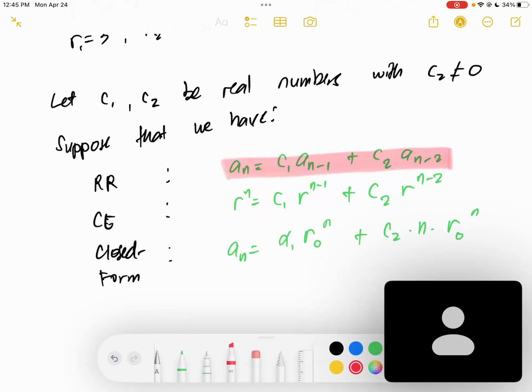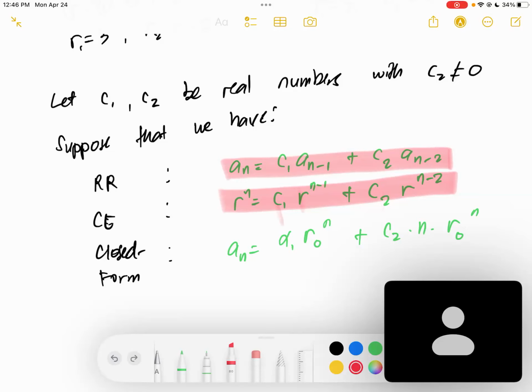Its characteristic equation is of the form a sub n equals r raised to n. We simply substitute r to the n for every a. So we have r to the n equals c sub 1 times r raised to n minus 1 plus c sub 2 times r raised to n minus 2.